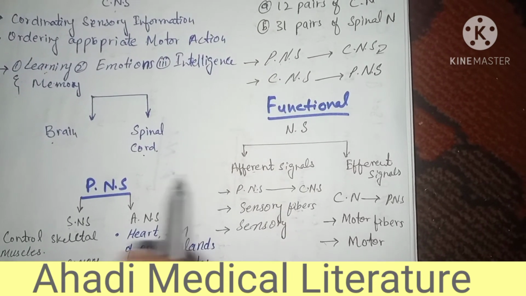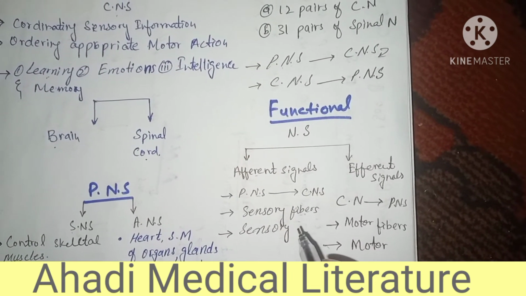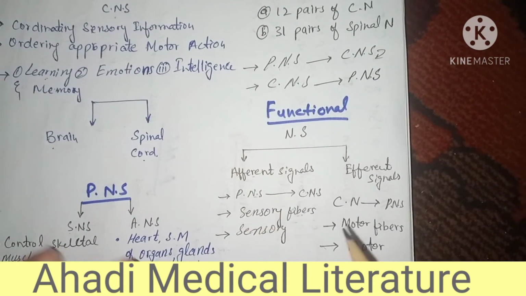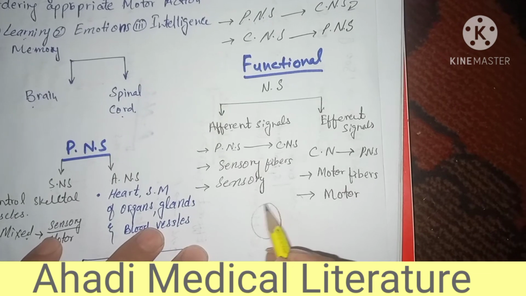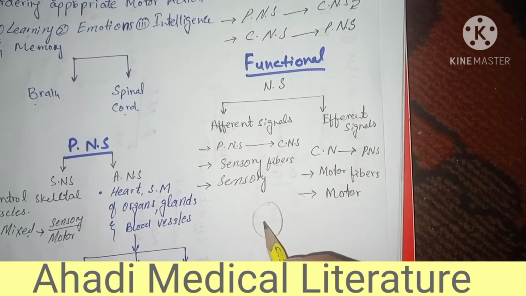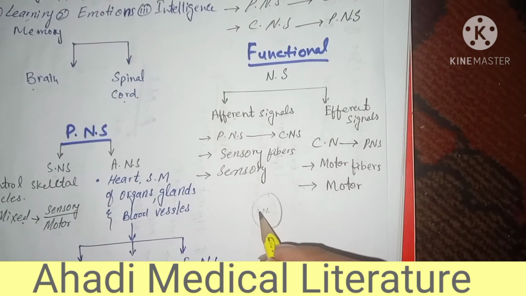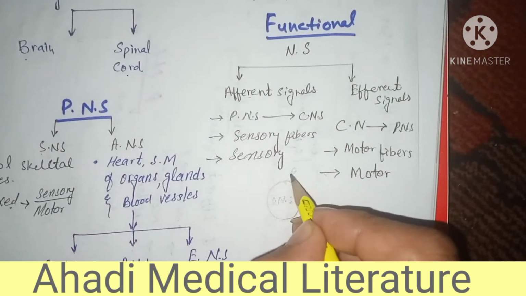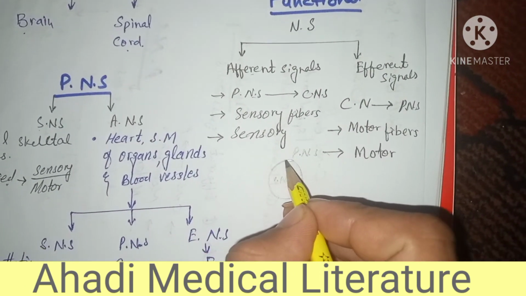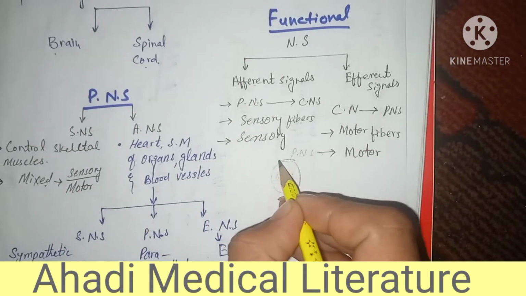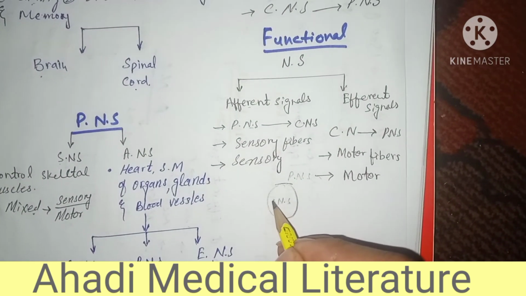These consist of sensory fibers. For example, let me make an example here. This is our head. This is CNS, and this is PNS. The peripheral system is at the side, and CNS is at the center.